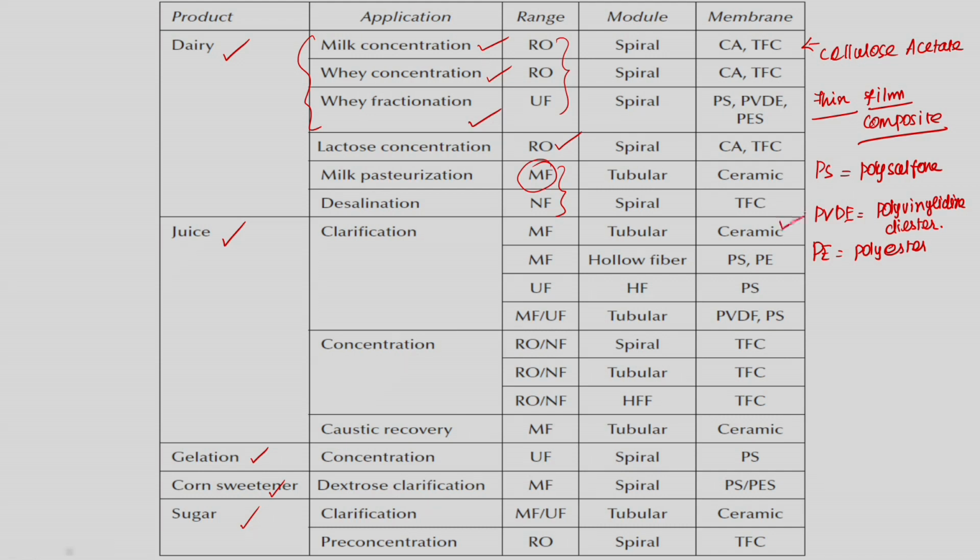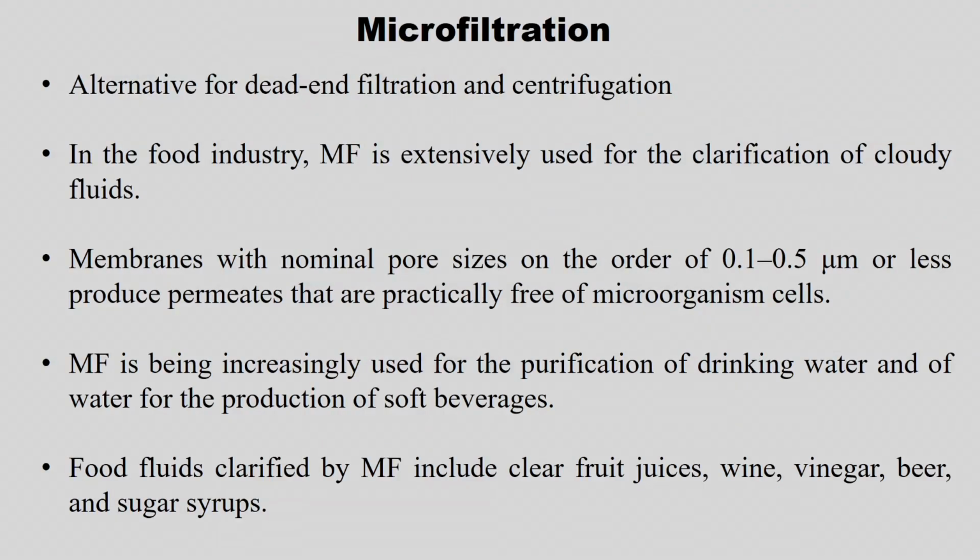Then ceramic membrane, yeah, that is all. So, this table gives which product, which application, and which range of filtration technique, with which module and membrane material I will be using. This we are going to see mostly today: the milk concentration as well as whey concentration.